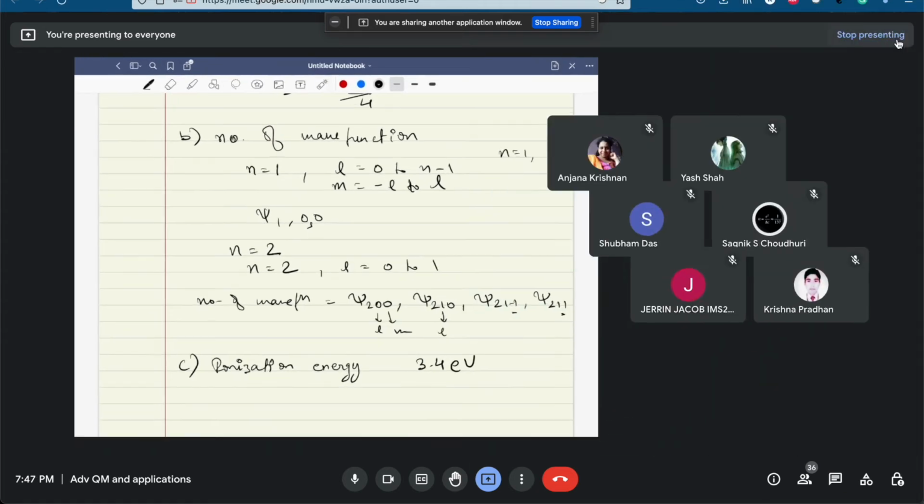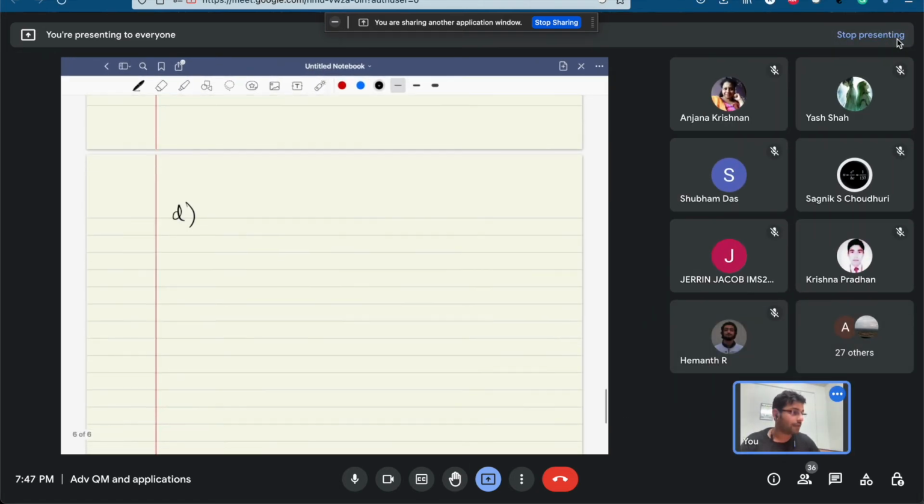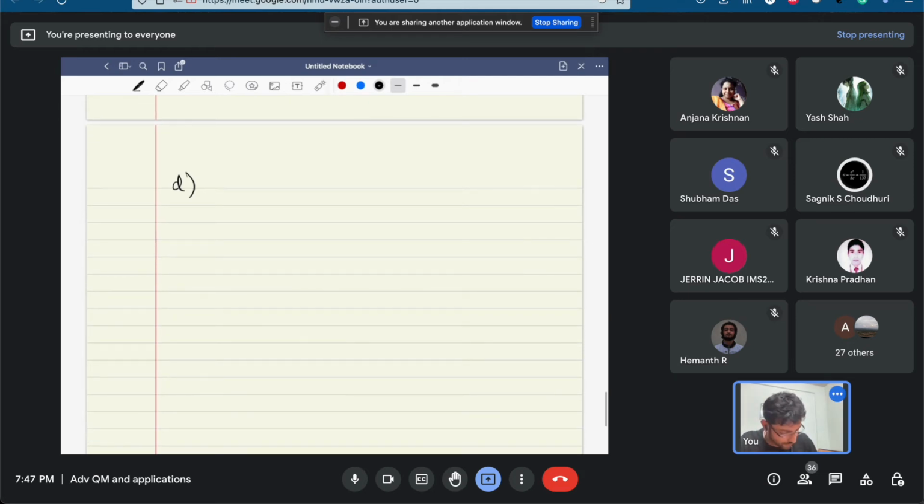Okay, so where was I? D. Yes, the frequency nu required to excite the electron from the ground state to the first excited state. This is also a very straightforward question.